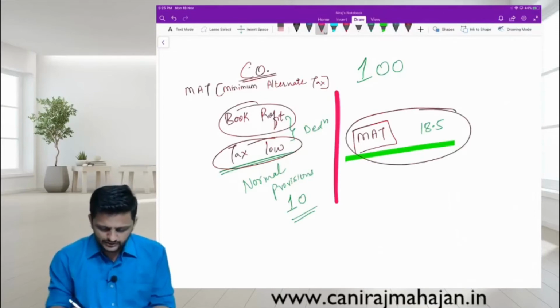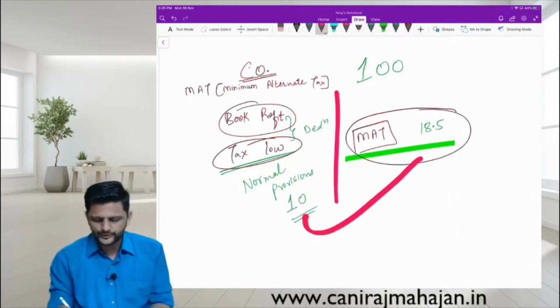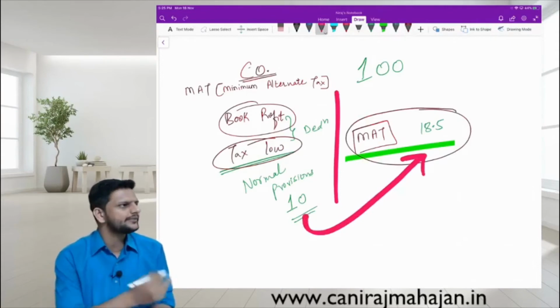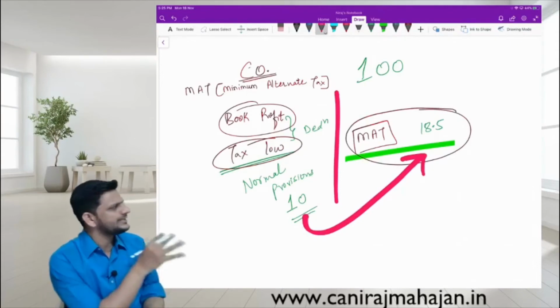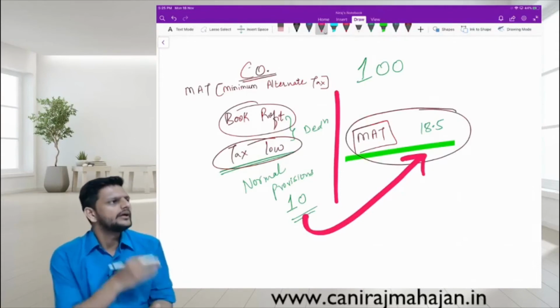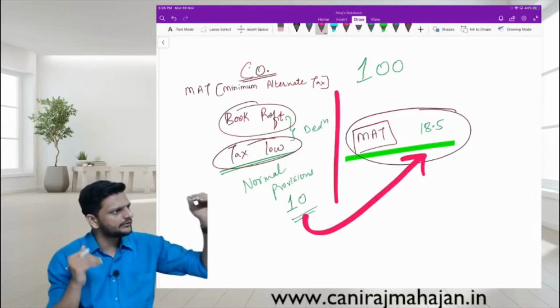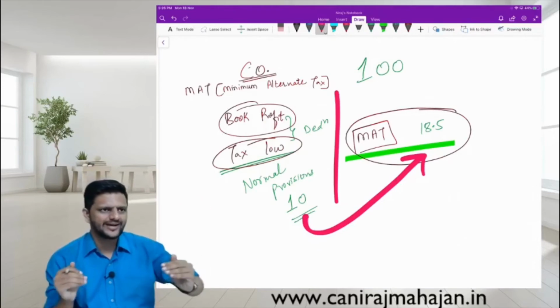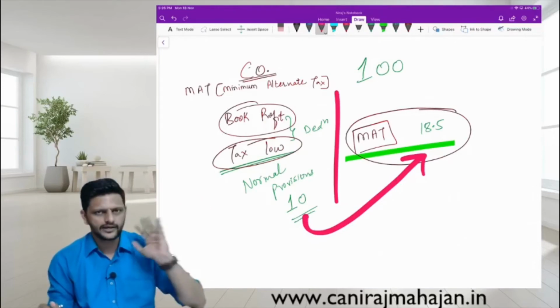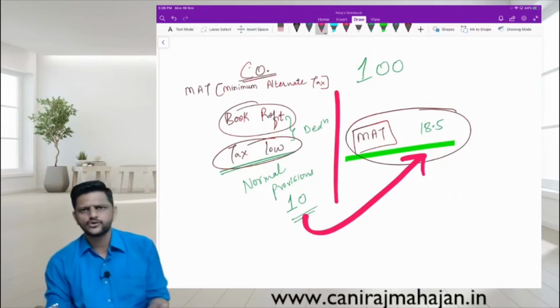Pay attention. The difference between this will be treated as MAT or AMT credit, 8.5 rupees in this example. Any tax paid under AMT over and above regular income tax provisions will be known as AMT credit, or MAT credit in case of company.